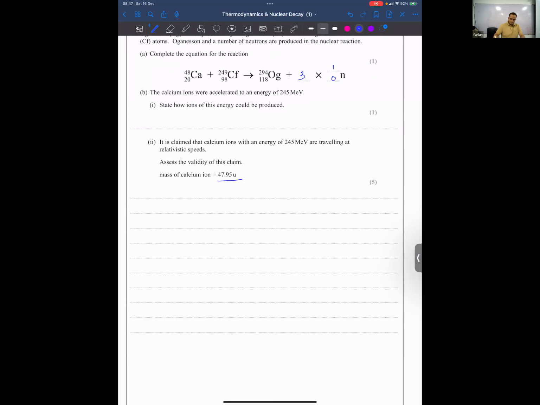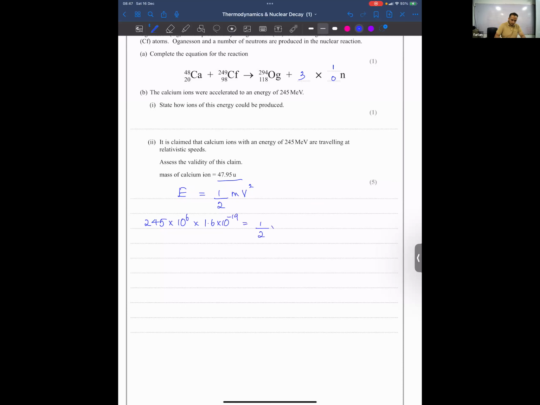So kinetic energy of the particle is half mv squared. Kinetic energy is 245 mega electron volts, 245 into 10 to the power 6 electron volts, and to convert electron volts to joules, multiplied by 1.6 into 10 to the power minus 19.